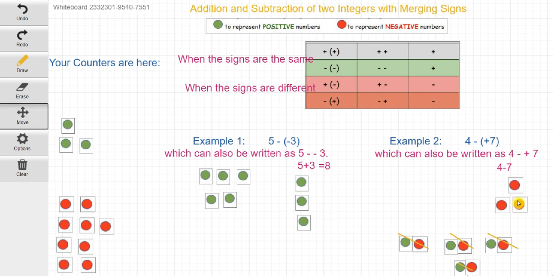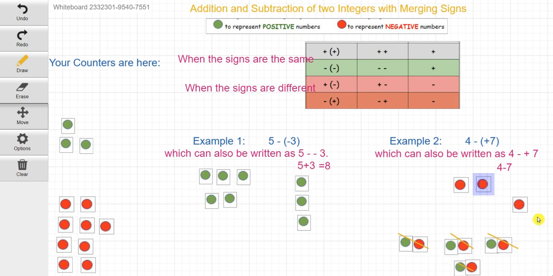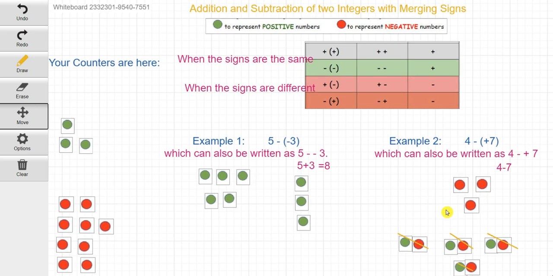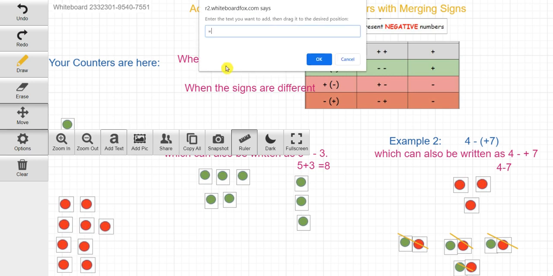Beautiful. Now we're going to be representing what is left. From looking at this diagram here, we realize that we have 3 red counters that remain. So now that we have 3 red counters that remain, that means my final answer is going to be equal to negative 3.